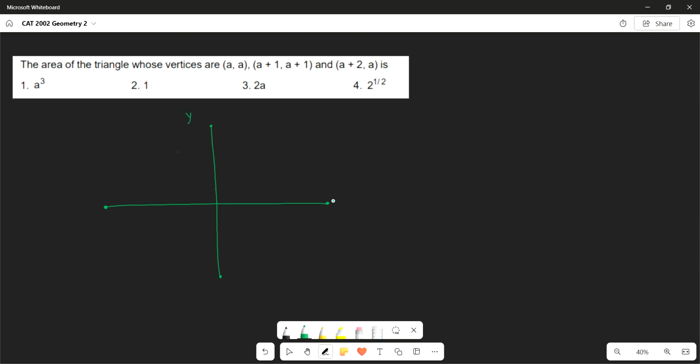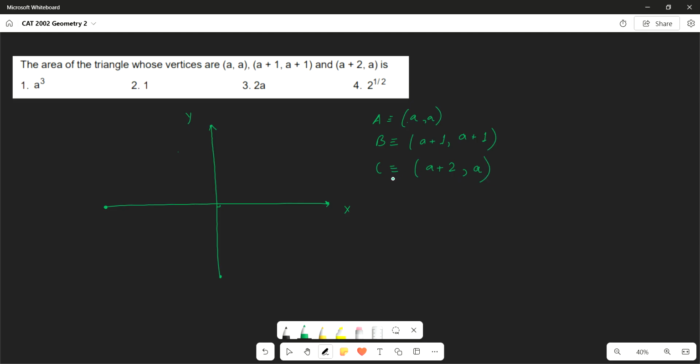Let's say this is the y-axis, this is the x-axis. They are obviously 90 degrees. So we are given, let's say, a triangle ABC. The vertex A is (a, a). The vertex B is represented by the coordinates (a+1, a+1), and the vertex C is represented by the coordinates (a+2, a).